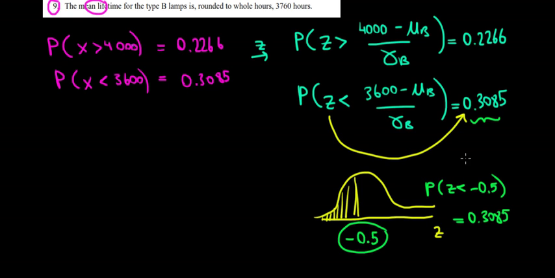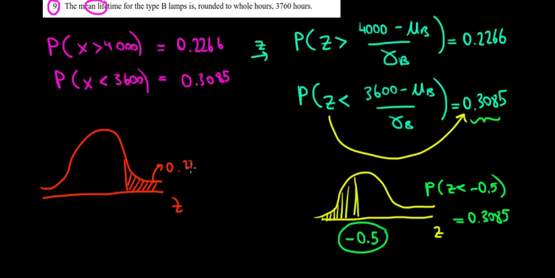So we already know a z value, but then let's work with the other z value over here, because here it's slightly different. Here what we have on a z distribution is a specific value, and the probability of having a z value greater than that number is equal to 0.2266. So that is the proportion that we're looking at.